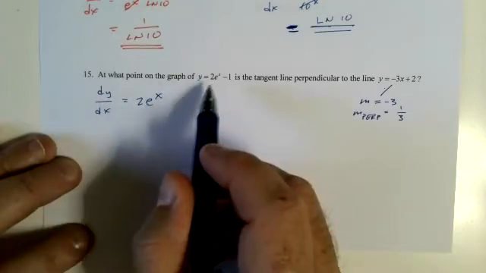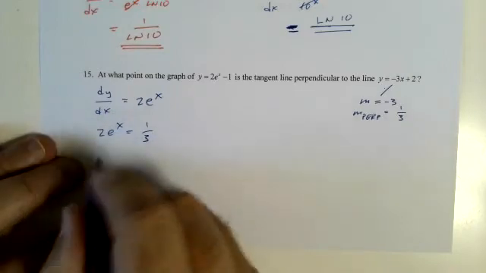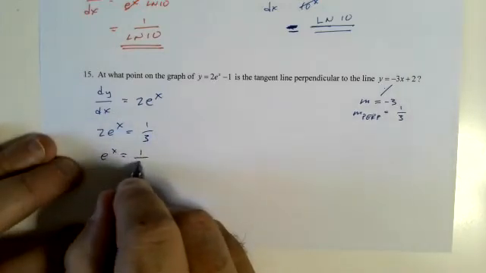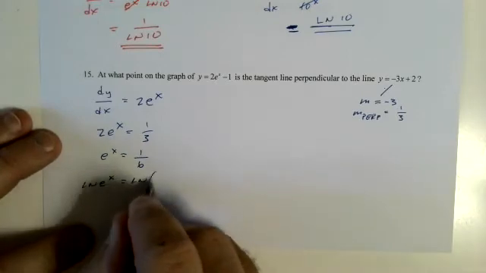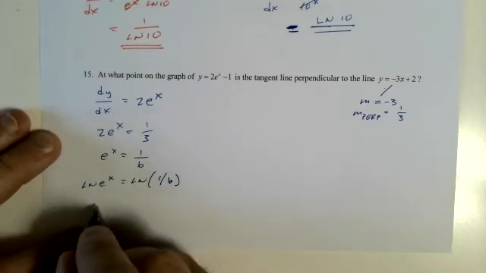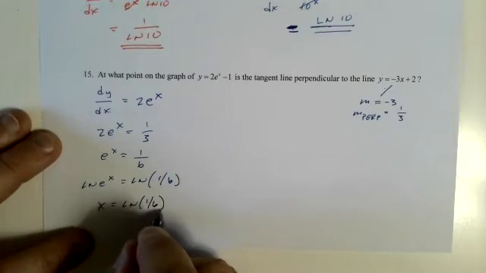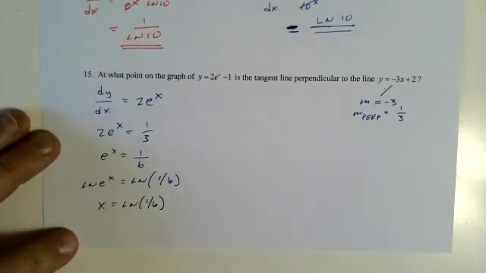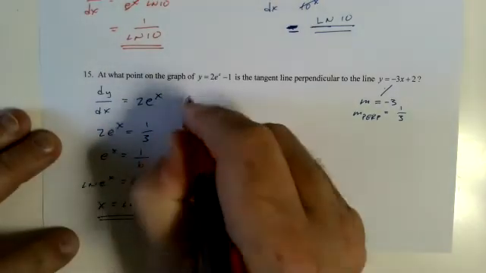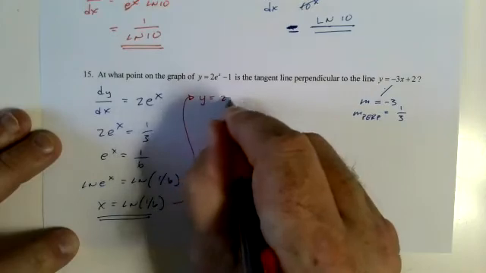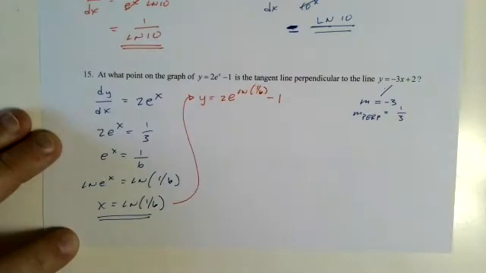So we found the derivative. So we want to say 2e to the x equals 1/3. e to the x equals 1/6. ln of e to the x equals ln of 1/6. x equals ln of 1/6. So that's my x value. And then to find the y value, y equals 2e to the ln of 1/6 minus 1.